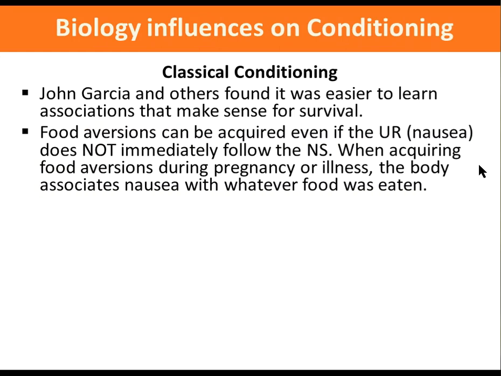Food aversions can be acquired even if the unconditioned response, the nausea, does not immediately follow the neutral stimulus. When acquiring food aversions during pregnancy or illness, the body associates nausea with whatever food was eaten. So the idea is that even though we may get sick after eating some sort of novel food hours and hours later, we still will associate it even though it's not immediate. Why? Because this can aid in our survival long term.